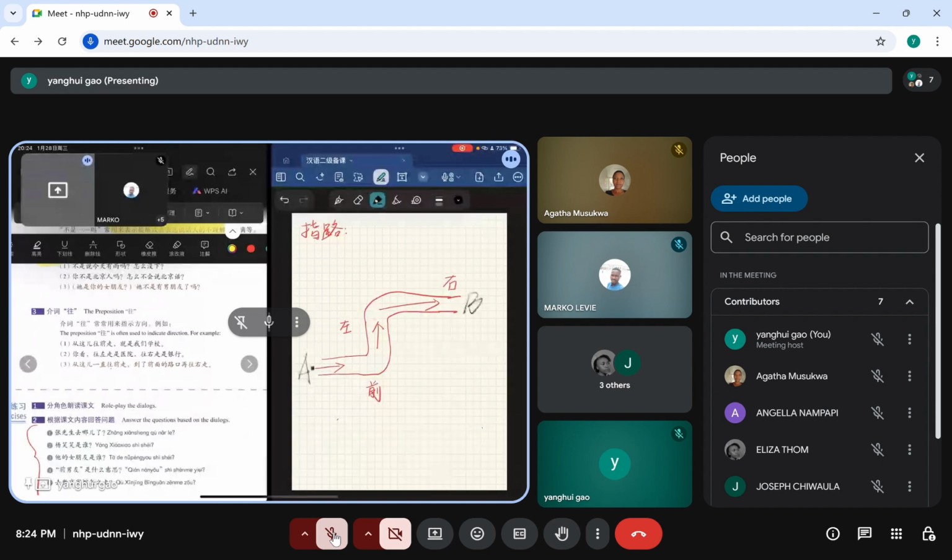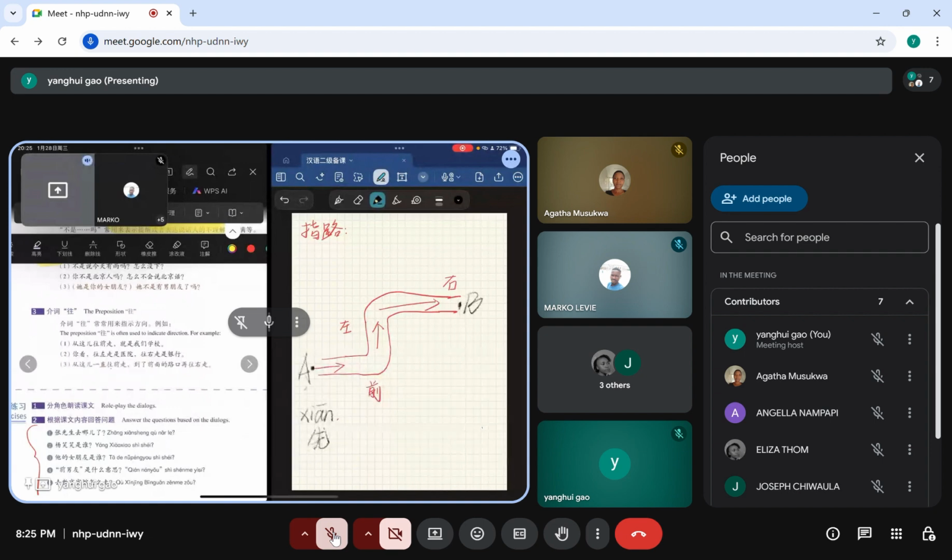So now this is point A and point B. How do we get from point A to point B? First, 先. That means where do you go first?